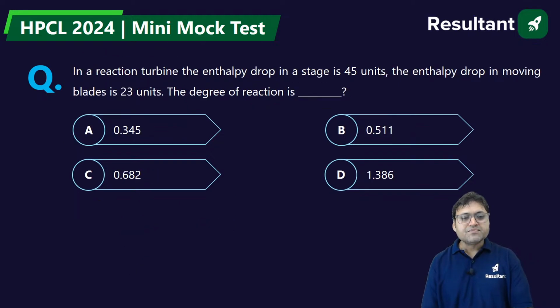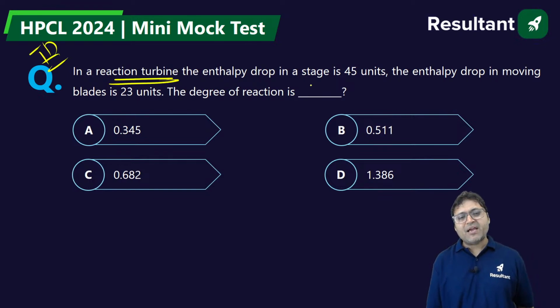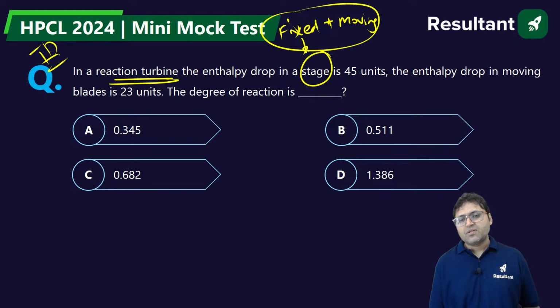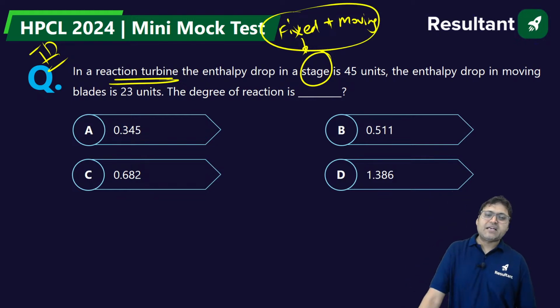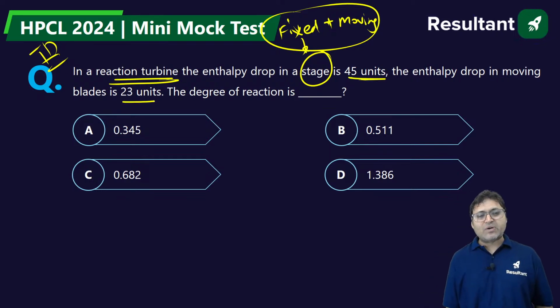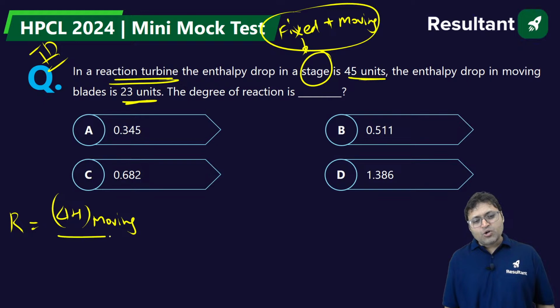The next one, again from thermodynamics: in a reaction turbine, the enthalpy drop in a stage is 45 units. What is a stage? It is one set of fixed and moving blades. The enthalpy drop in moving blades is 23 units. What is the degree of reaction? Degree of reaction is the ratio of enthalpy drop in the moving blade to the total enthalpy drop in a stage.